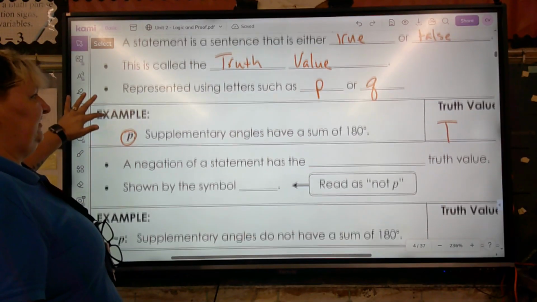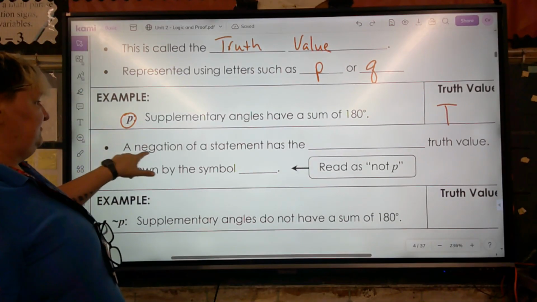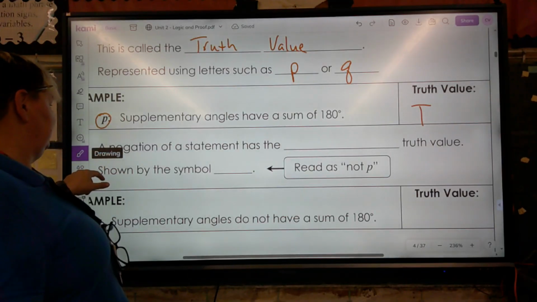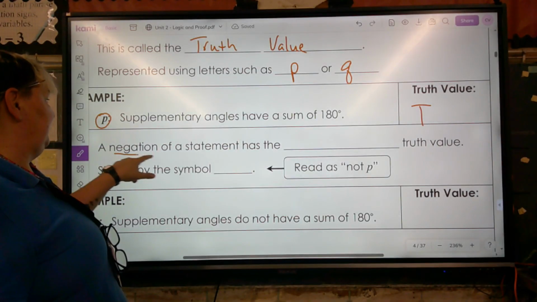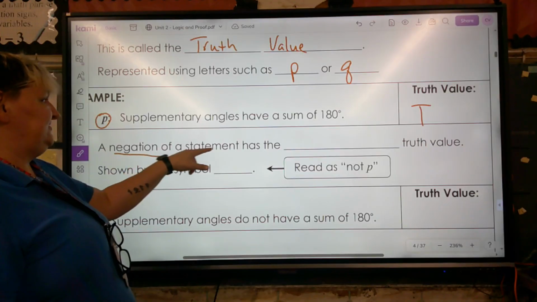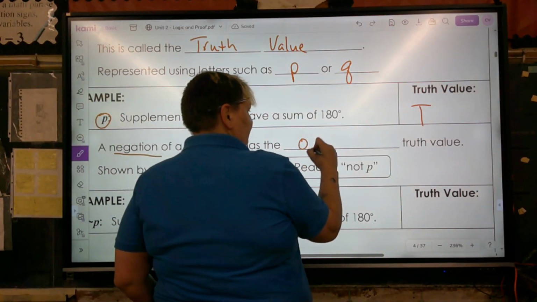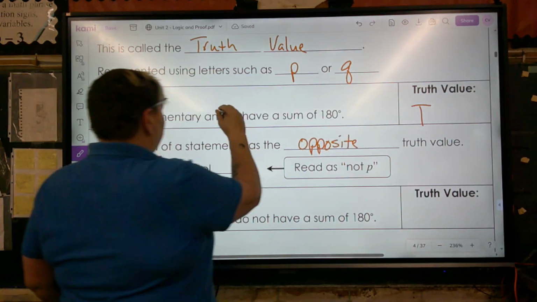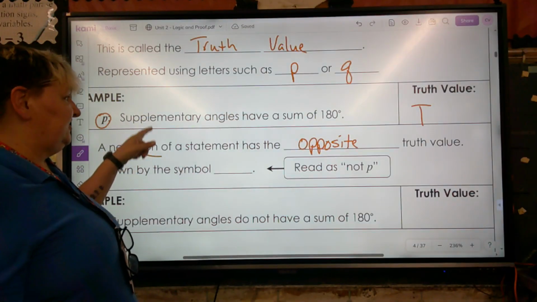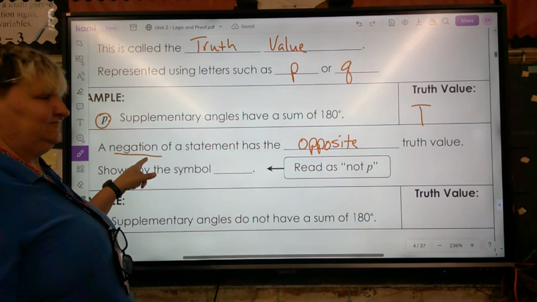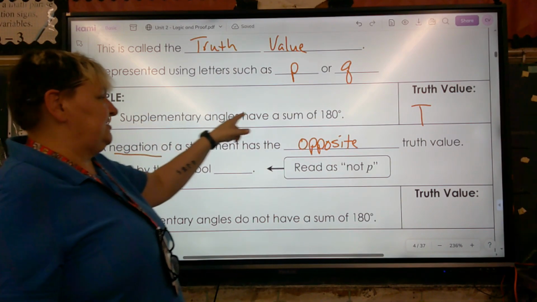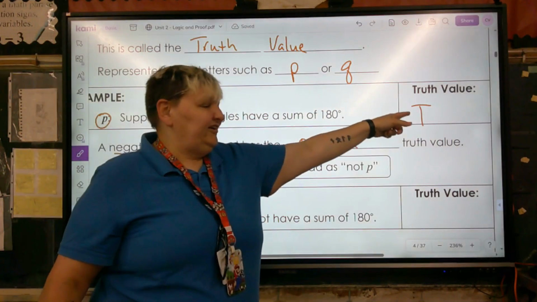And then a negation sounds like negative. The negation of a statement has the opposite truth value. Whatever your statement is, the negation is the opposite. So this says supplementary angles have a sum of 180 degrees, and it's true.